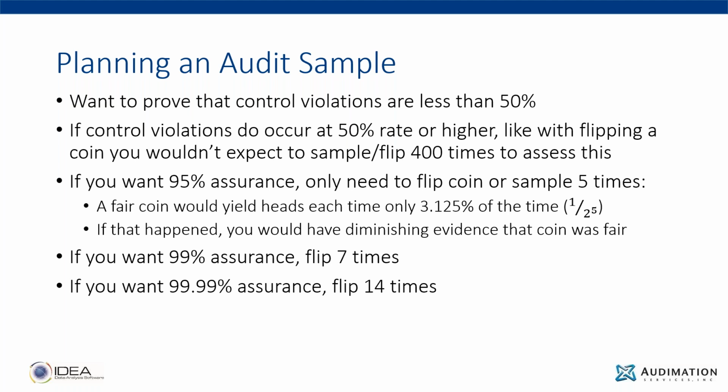So if you didn't know what the true percentage is for what the coin gives you when you flip it, you have to start flipping or sampling from the coin multiple times. If you wanted 95% assurance that the control violations rate or percentage of tails is going to be less than 50%, you actually would only need to flip the coin 5 times. Because if it was a fair coin, it would yield heads each time only 3% of the time. So that's 1/2 times itself 5 times.